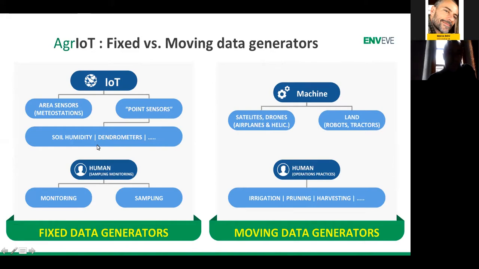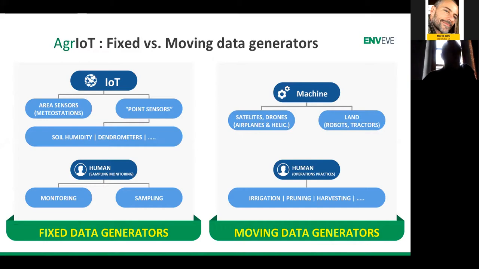So in this case, we have area generator sensors, and these are metastations. What does it mean? When you have a metastation, the metastation is in a place, and we consider all the surrounding area to be representative. So we are not going to put 20 metastations in 1 square kilometer, for instance. It's probably too much.